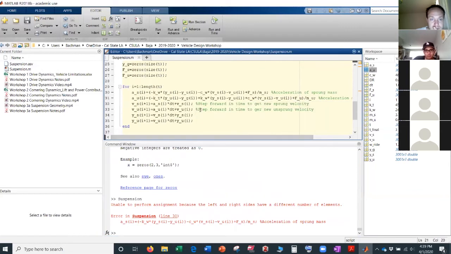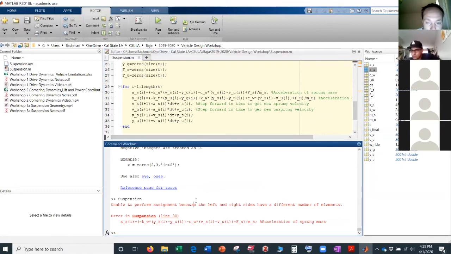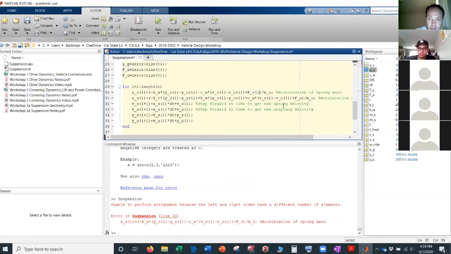Okay. So this i, y, u, y, g, all these are 1001 doubles. That's good. Velocities, y's, that's good. Left and right have different numbers, so I'm just going to make this i.